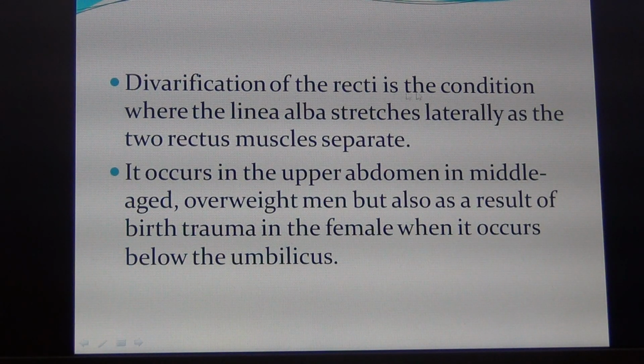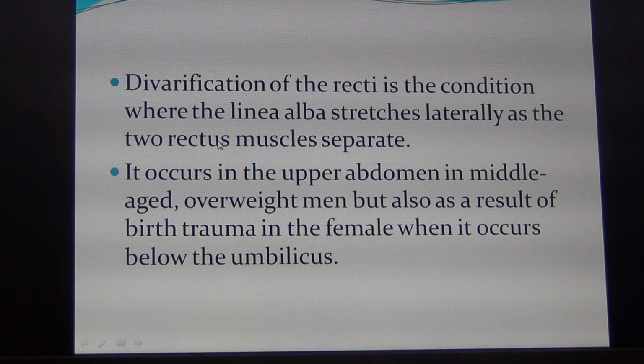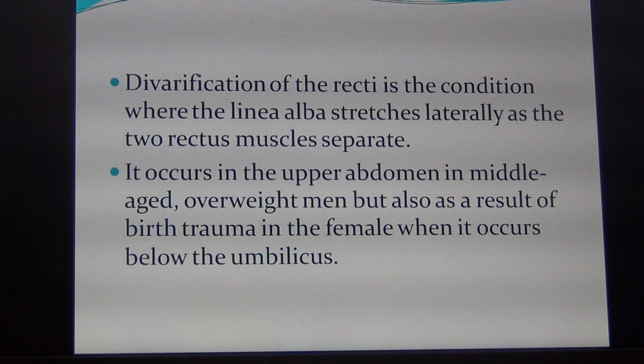Divarication of the recti is the condition where the linea alba stretches laterally as the two rectus muscles separate. If you see the muscles, the linea alba may stretch laterally and the two rectus muscles separate. This condition is called divarication of the recti, and it is a type of hernia.